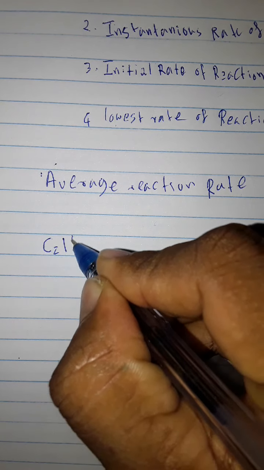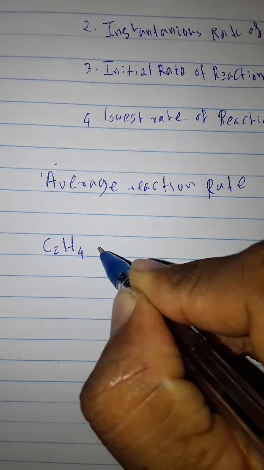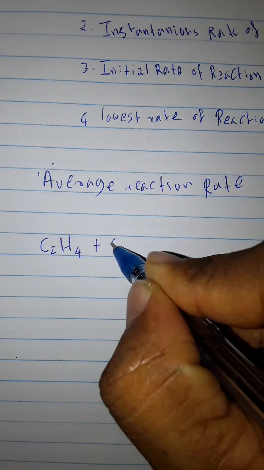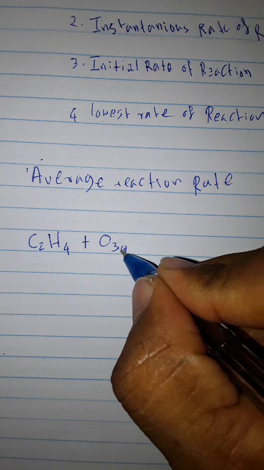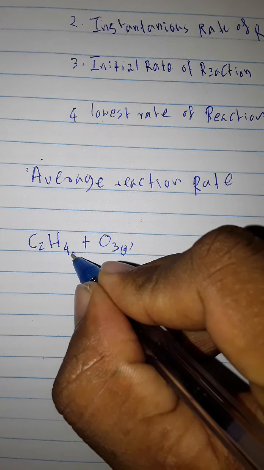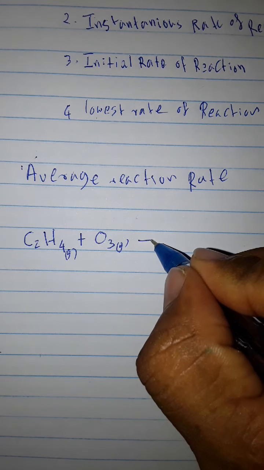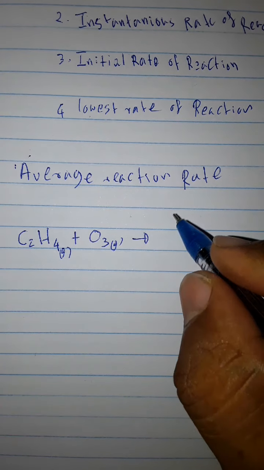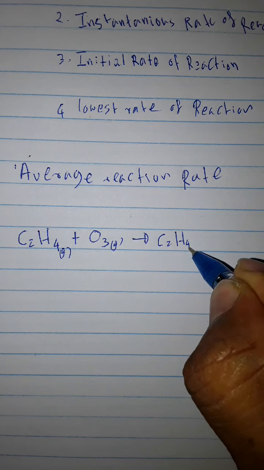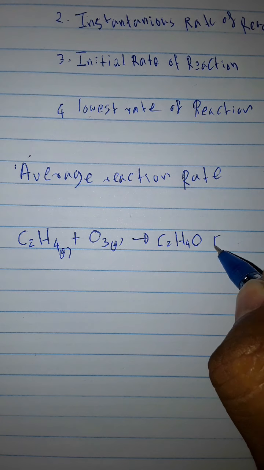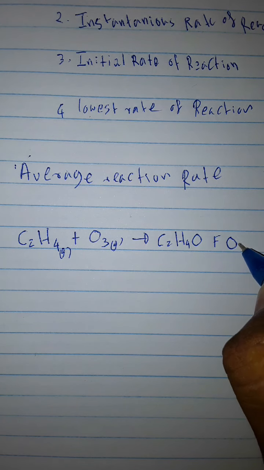You all know this is C2H4. We call that ethene. Ethene is reacting with the molecule called ozone, and ethene is a gas, ozone is a gas, and it makes new molecules, C2H4O plus oxygen.